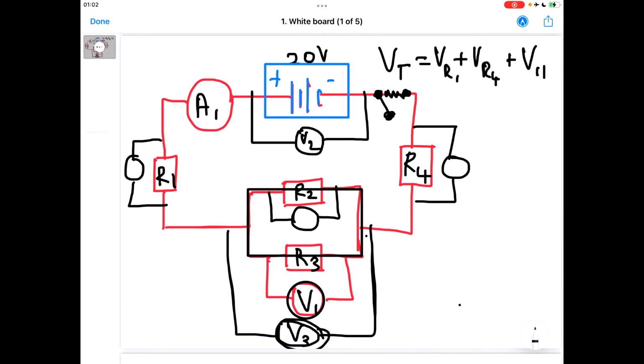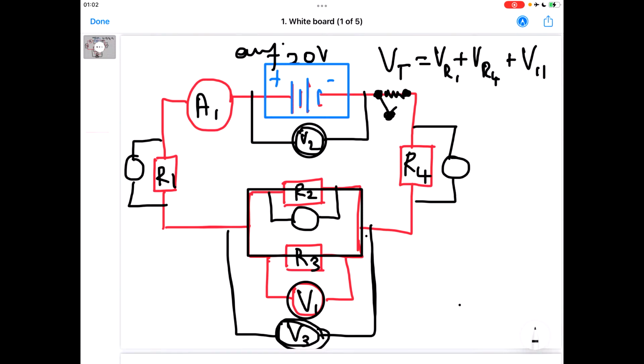When the switch is open, is the current flowing? Yes or no? Obviously the current is not flowing. So that means this V is now measuring the EMF, if you remember the notes, because the current is not flowing.